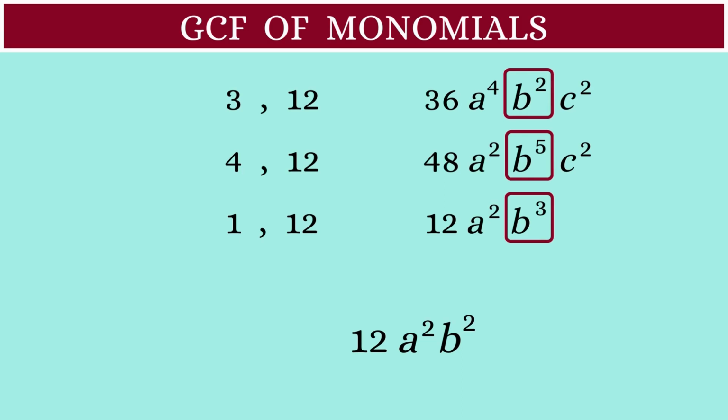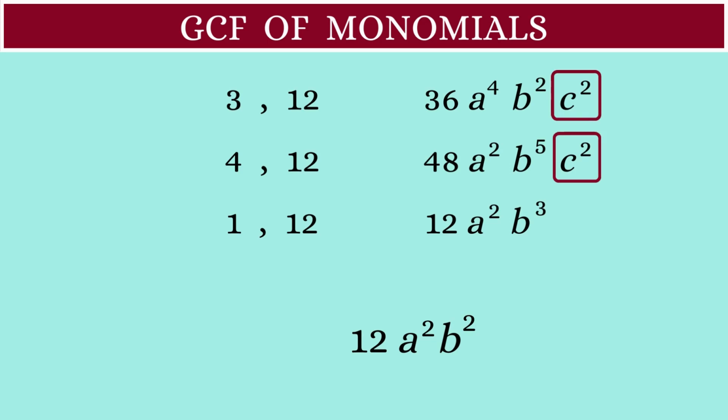We then have c square and c square. But in the last monomial, we do not have any c. This can also be considered as c to the power of 0, the smallest of all.